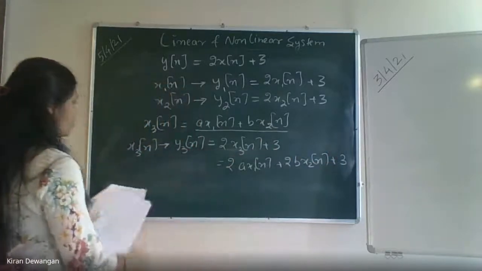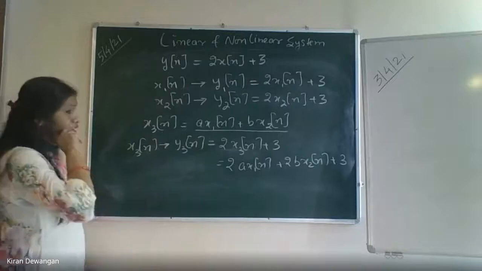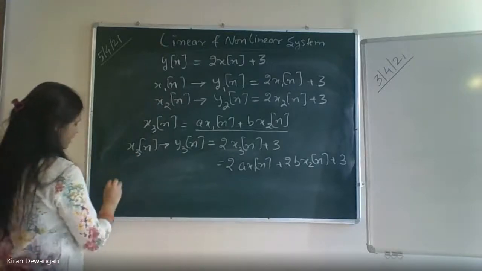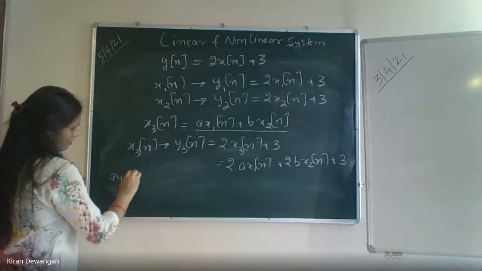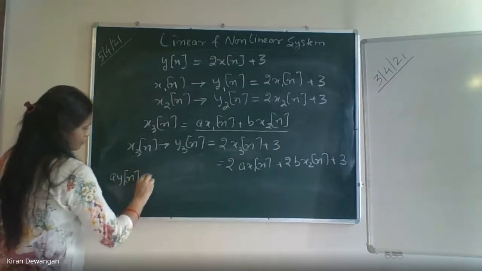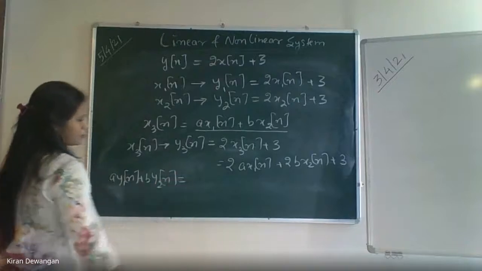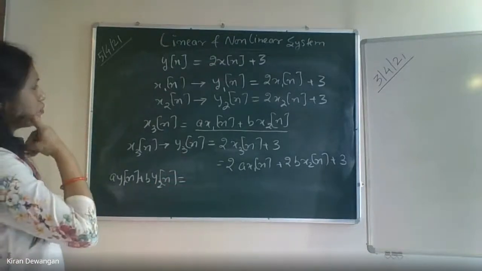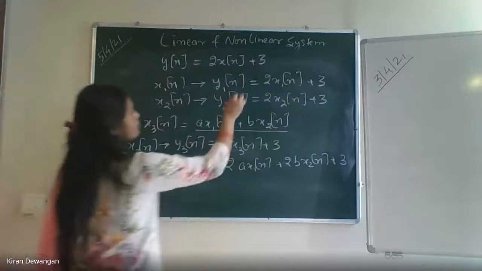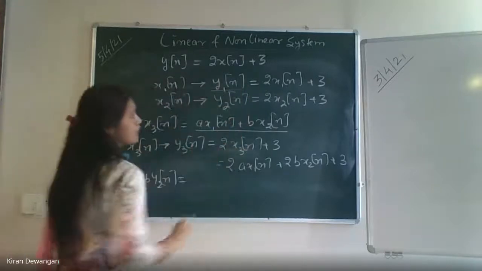Now what do I have to take? The weighted sum of outputs, that is a·y1(n) plus b·y2(n). What is going to be a·y1(n)? I have to multiply a into this.